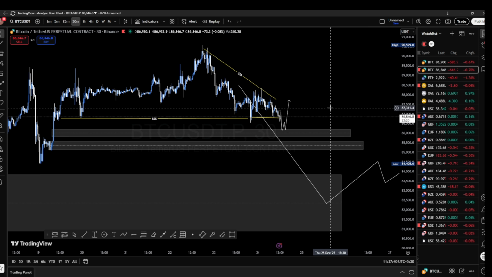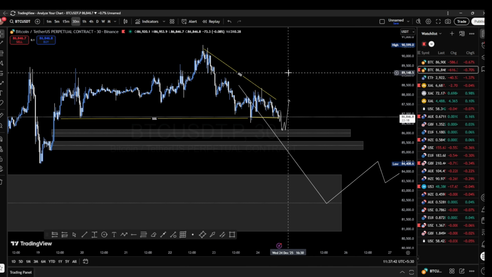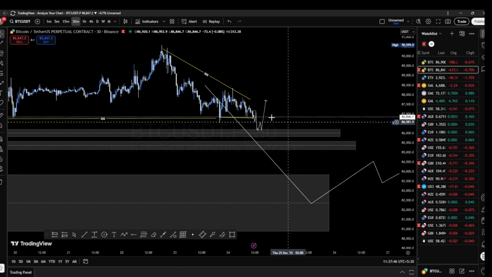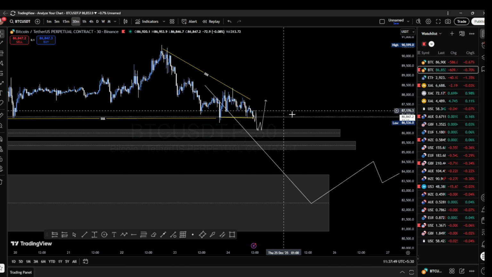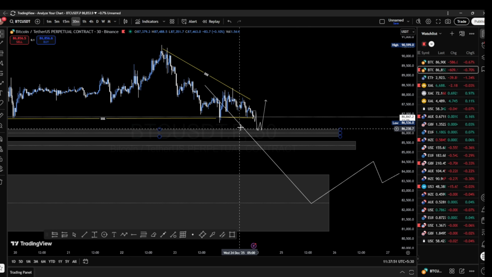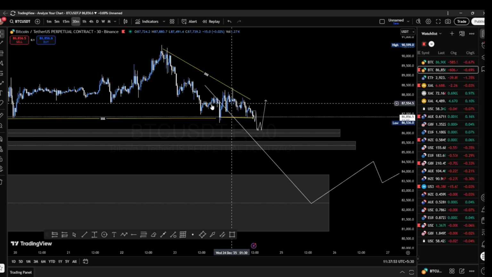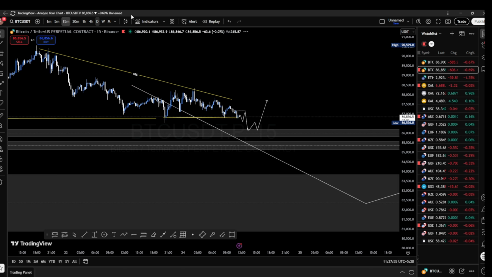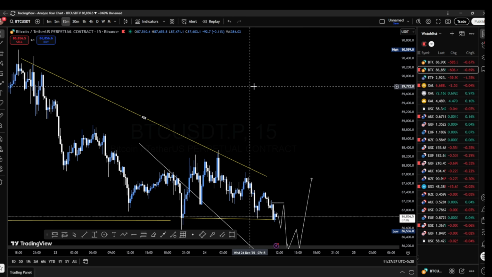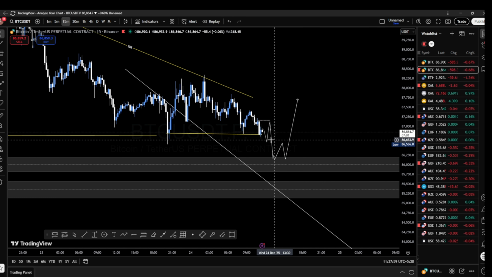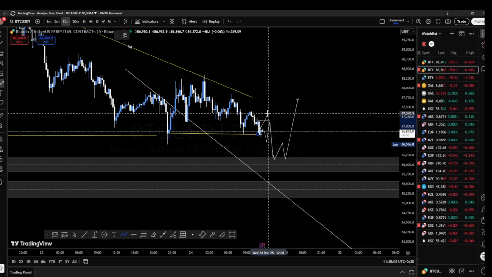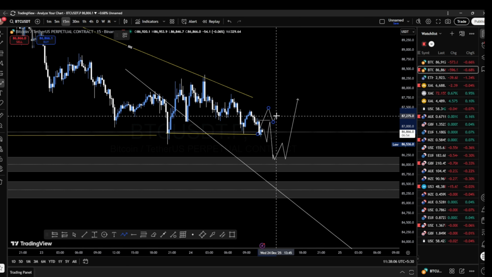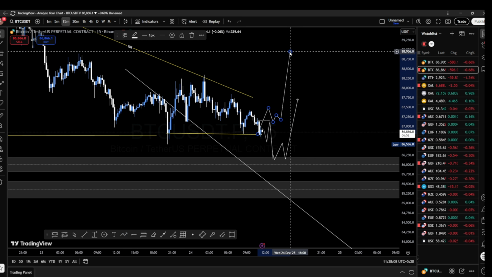This is for scalping purpose, and I would not recommend going upside from this level. But if you want to go upside, okay, let's talk about if it doesn't happen like this, and it tries to go upside from this level. So for scalps, you have to wait to really break these zones, then do some retracement like this, then go upside.